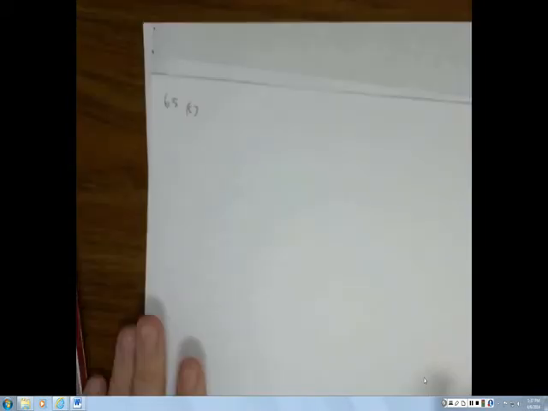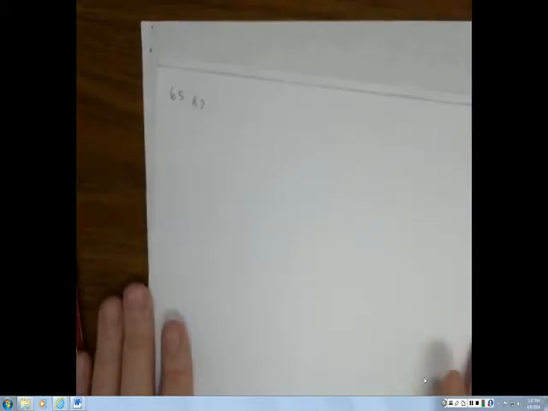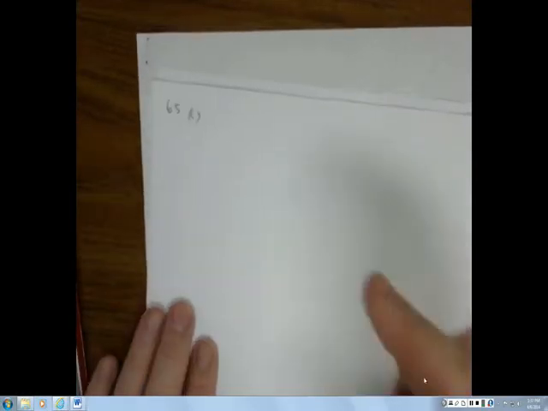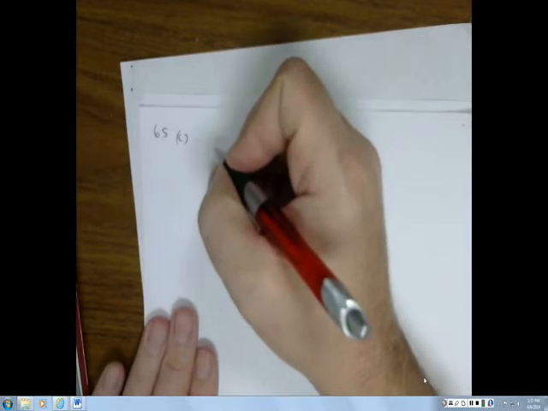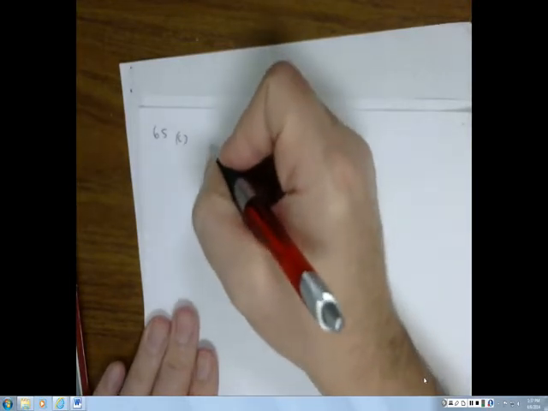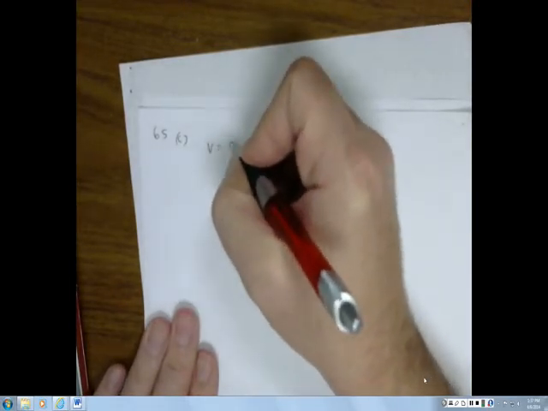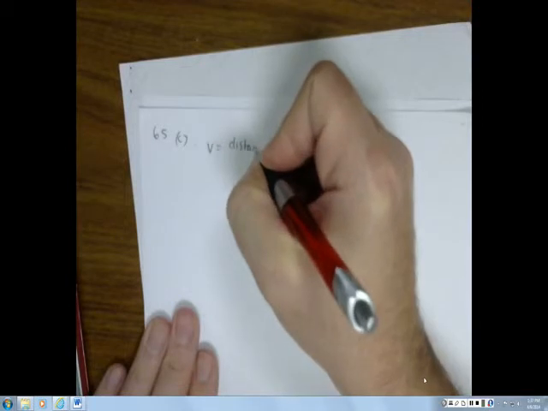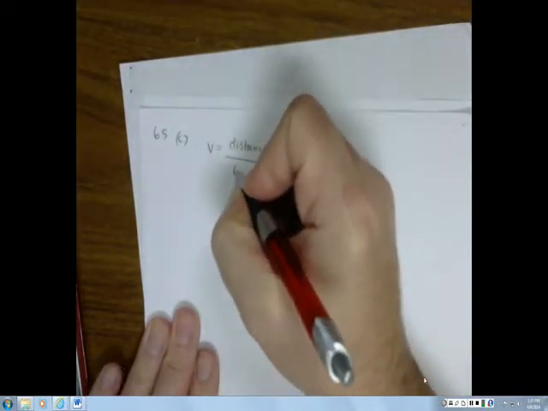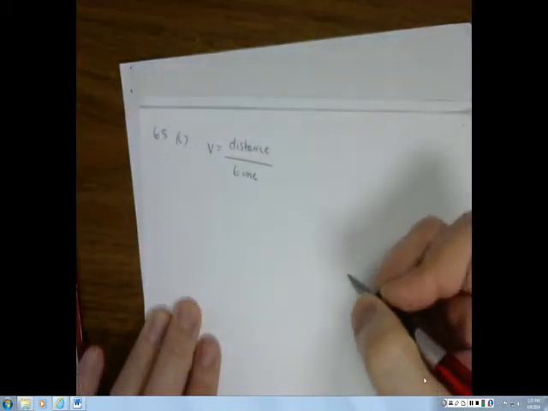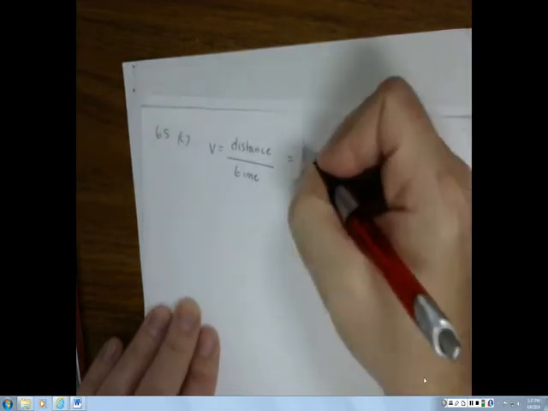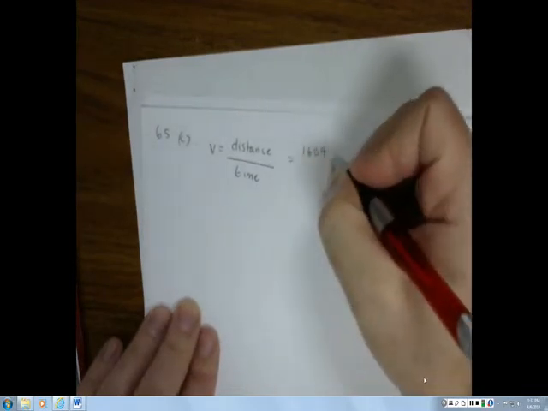65C is asking you for the de Broglie wavelength of an 80 kilogram athlete running a 4-minute mile. So a 4-minute mile, how fast is he going? Velocity is distance over time, and we want our velocity in meters per second. 1 mile is 1,609 meters.